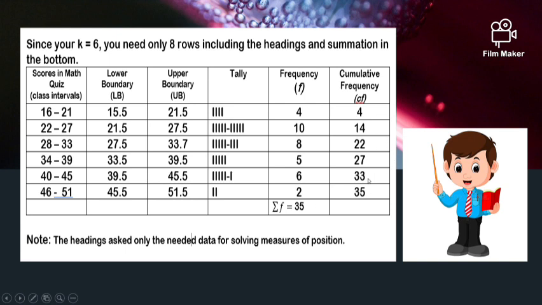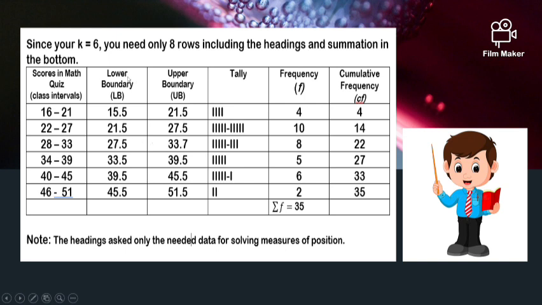One good thing about cumulative frequency is that it will guide you where the nth term or nth score is located as you compute your measures of position and measures of central tendency. It will help you also. Remember to take note that the headings ask only for the data needed for solving measures of position.